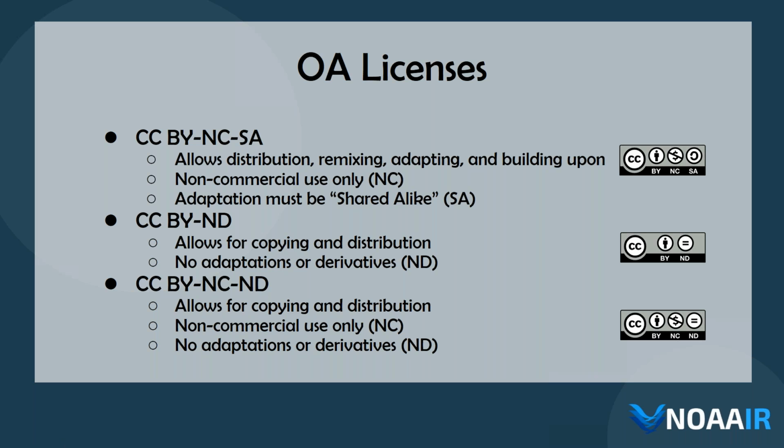NC-SA, non-commercial share alike. ND means no derivatives, no adaptations of that. And then one of the really common ones that you'll see, and a lot of gold open access publishers tend to use this particular Creative Commons license, CC BY NC-ND, which is the non-commercial, non-derivative.